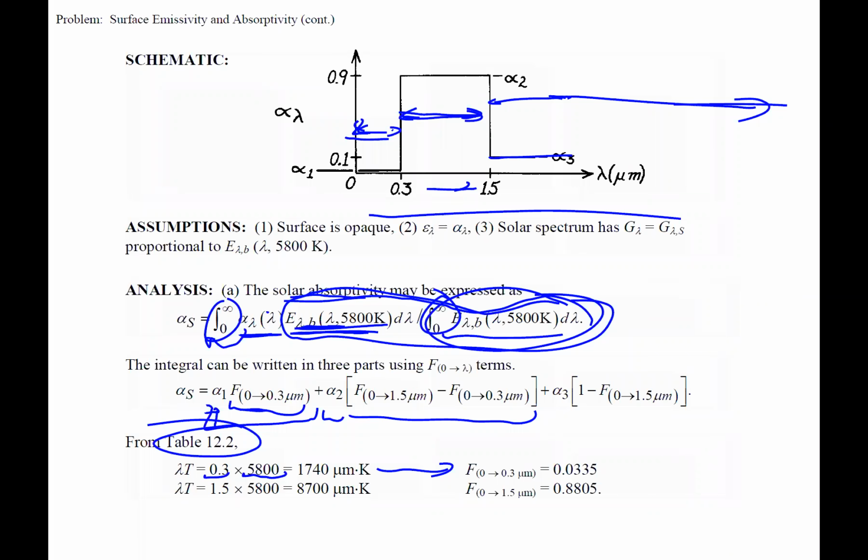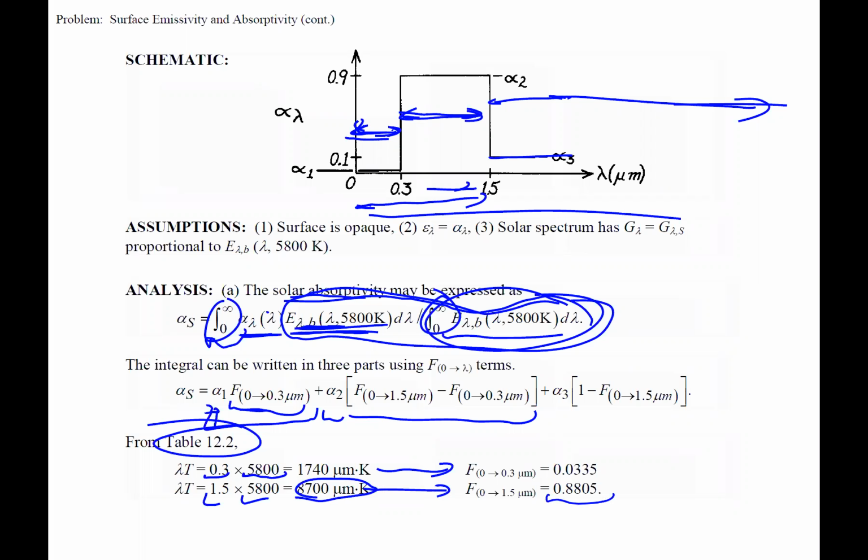When we go and grab it from the table, we want to get at 1.5, so we're getting everything from here to here and then subtracting off how much was from here to here. So 1.5 is a whole fraction, which ends up being about 88% when we do 1.5 times 5,800, grab this value and go get F from that table.